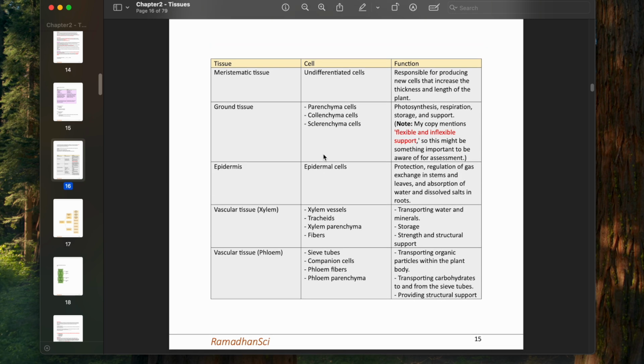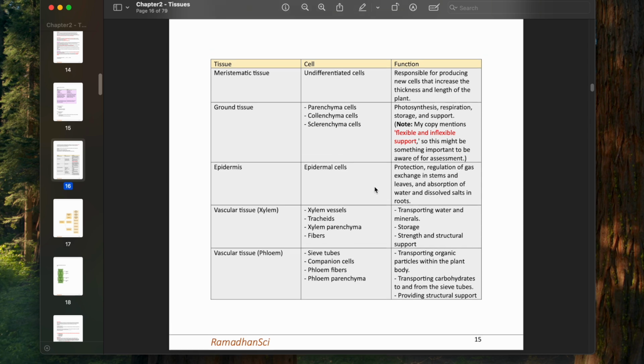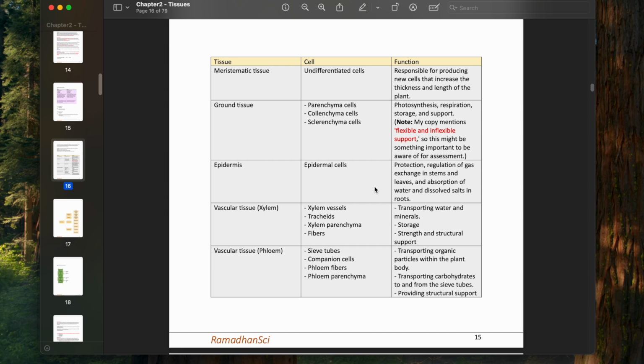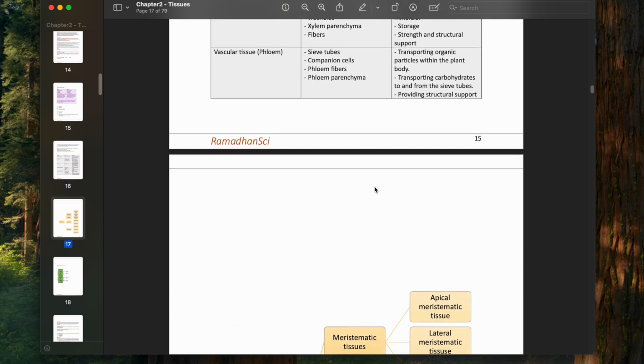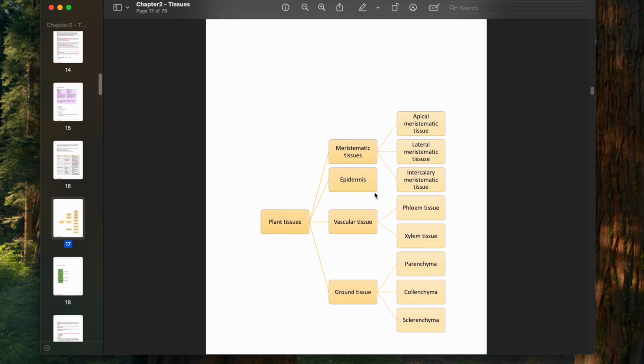Here you're going to have the last table for the plant tissues. I don't think there is anything here that we haven't discussed, so you're just going to read it straight from your book or from this PDF, which I'm going to provide. And by here we're done with the plant tissues.